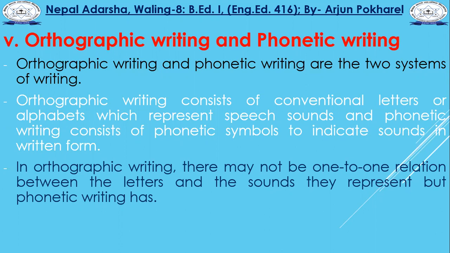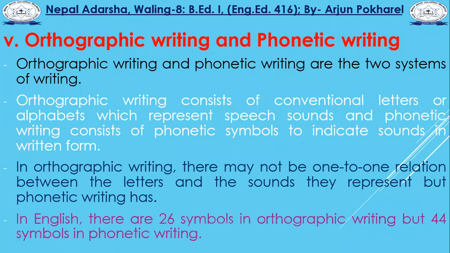Letter is P and the sound is pa. In this way, we don't have any relationship between the letters and the sounds they represent in orthographic writing, but phonetic writing has one-to-one correspondence. In this way, we find out the differences.